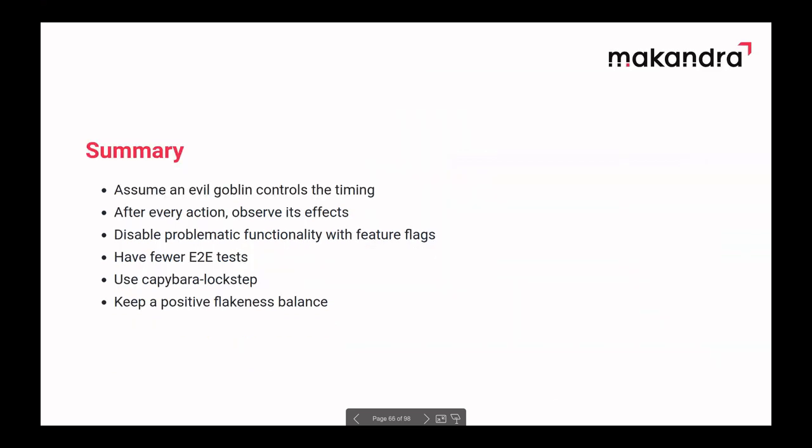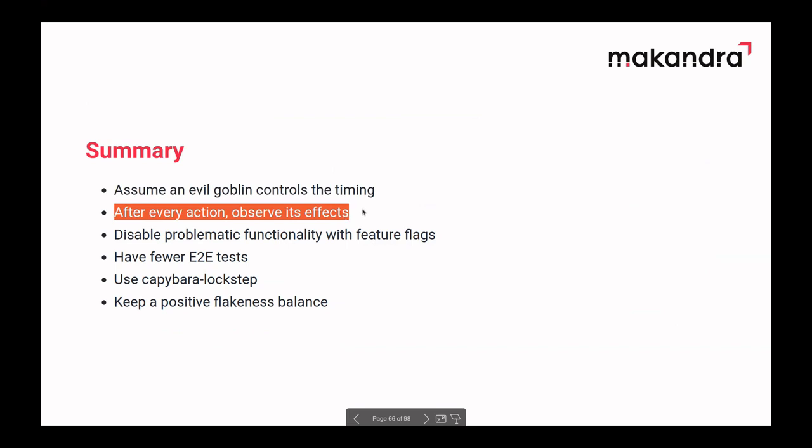All right. So basically that's everything I wanted to tell you today. These are the techniques that I encourage you to check out. Assume that an evil creature controls the timing of your tests, and always assume that things will work in the worst possible order.